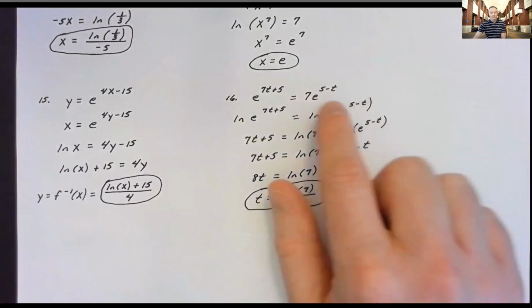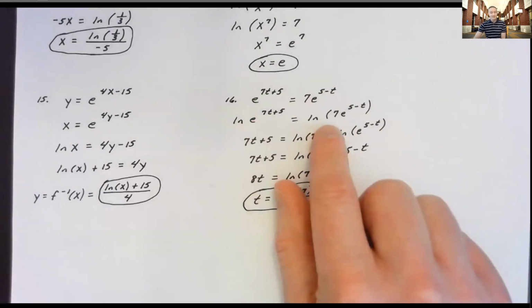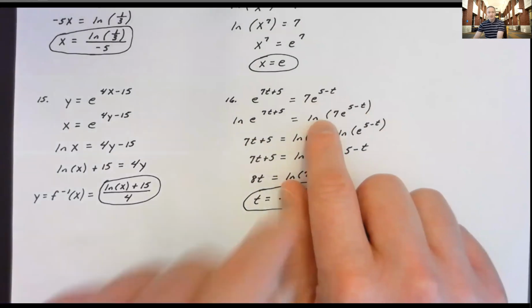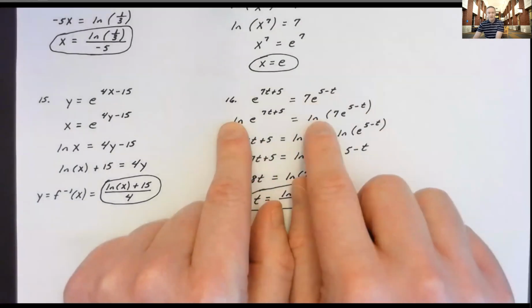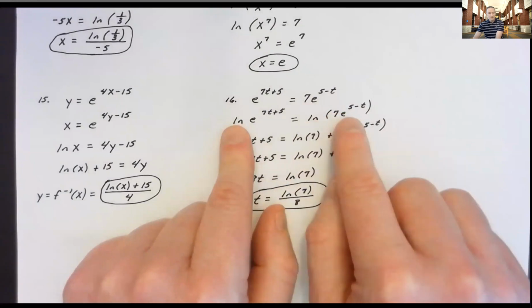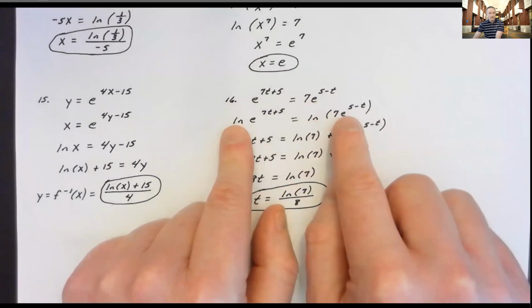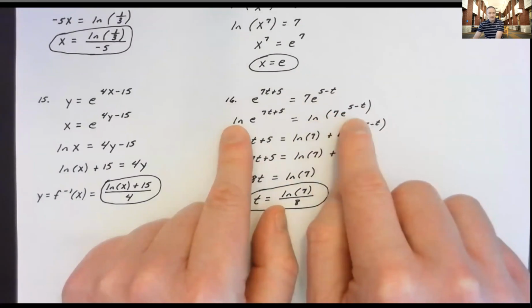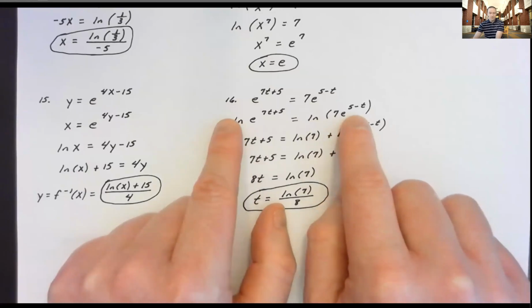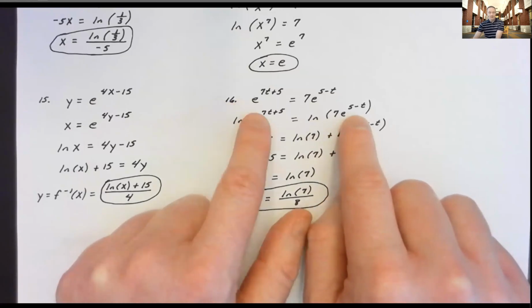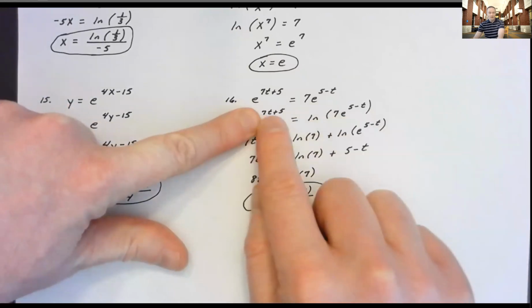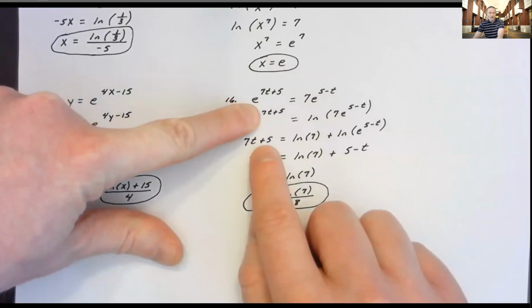The way you get rid of exponential base e is to take the natural log of both sides. I take the natural log of the left, natural log of the right. There was a coefficient in front of that e that I'll have to address on the right-hand side. The left-hand side is really easy. The natural log and e eliminate one another, and you'll just have 7t plus 5.